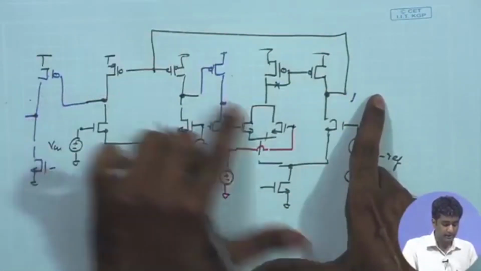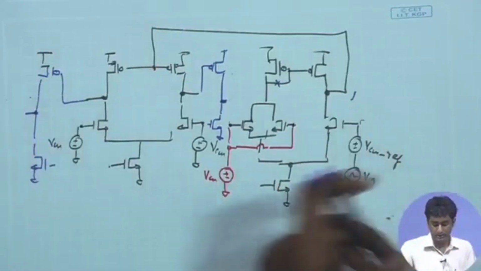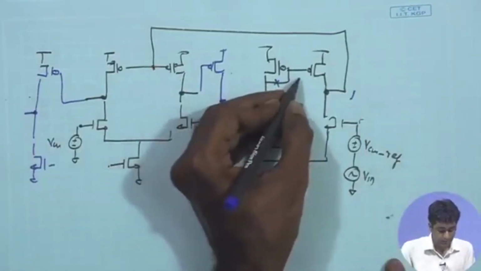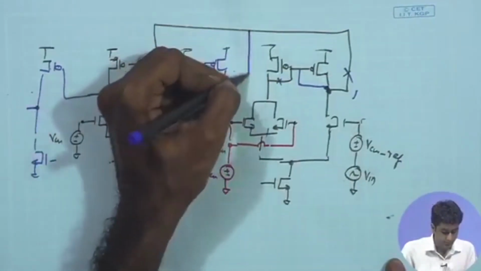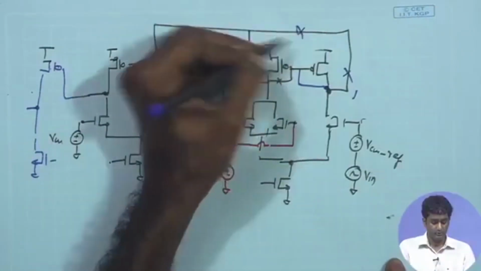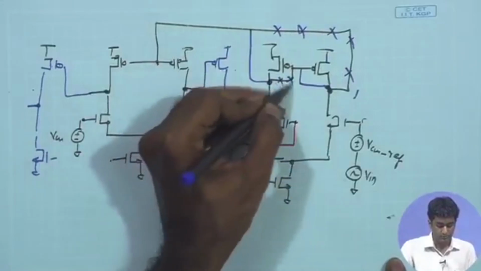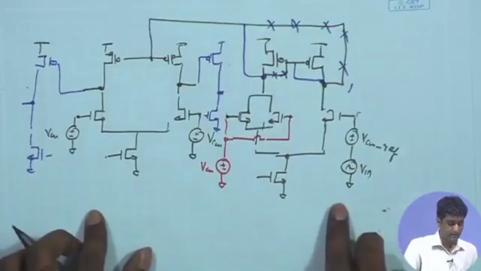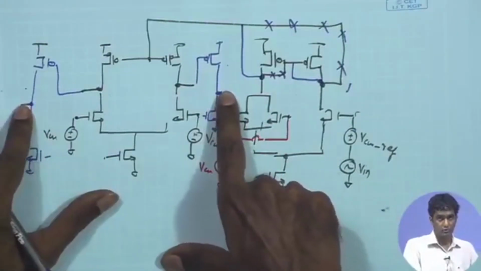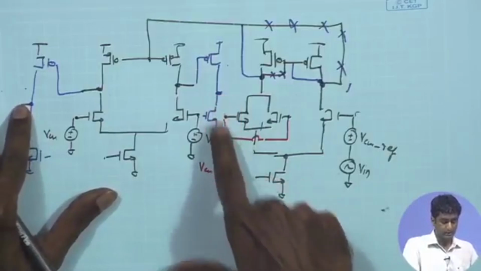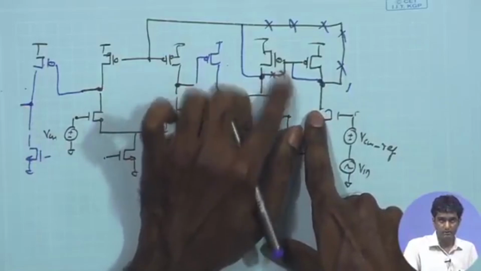So, rather than that, I would like this particular drain voltage to be applied at this point, and to do that I will make this the output node, and therefore I will have to make this diode connected and take the output from here. So, this will be out, and this becomes my new output, this will be also out, and when I am taking the VO1 and VO2 from here, in order to ensure negative feedback across the loop, I have to change the polarity of the diode connection.